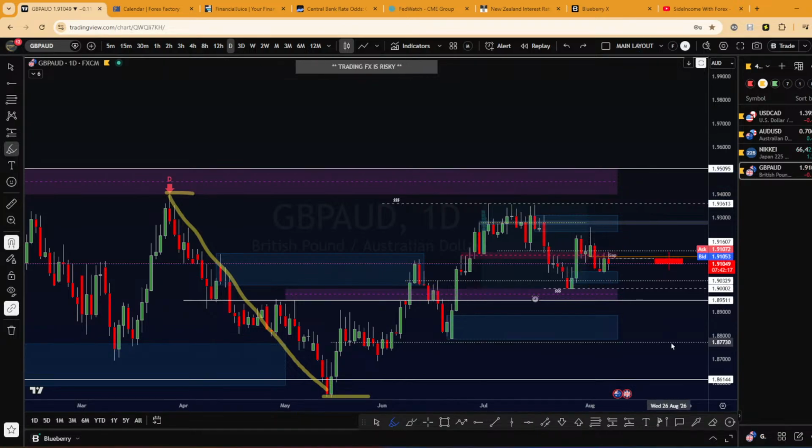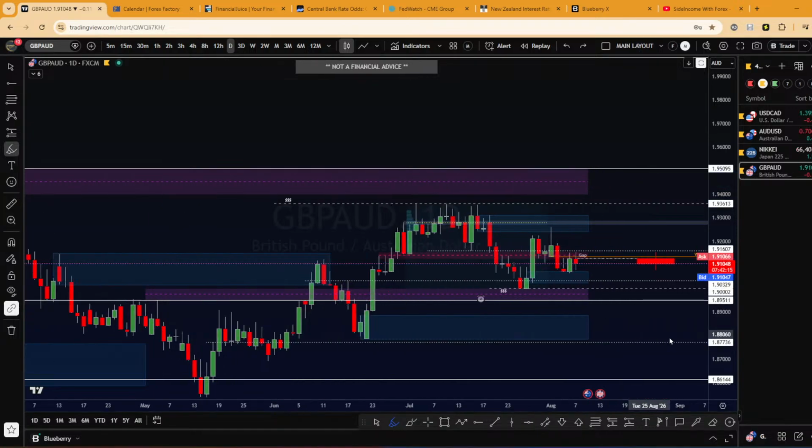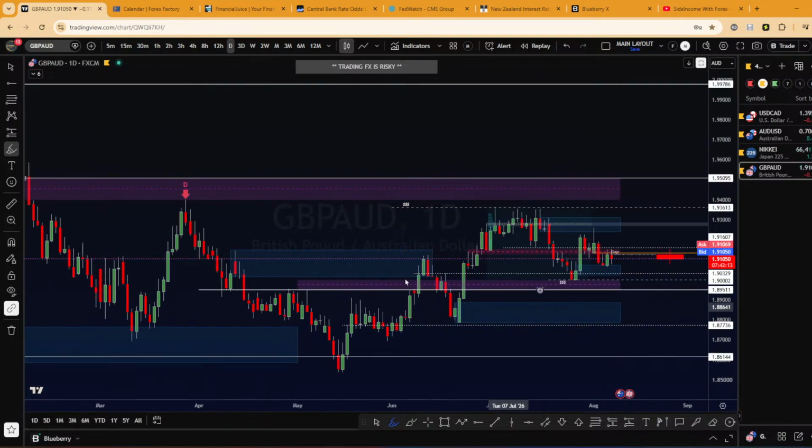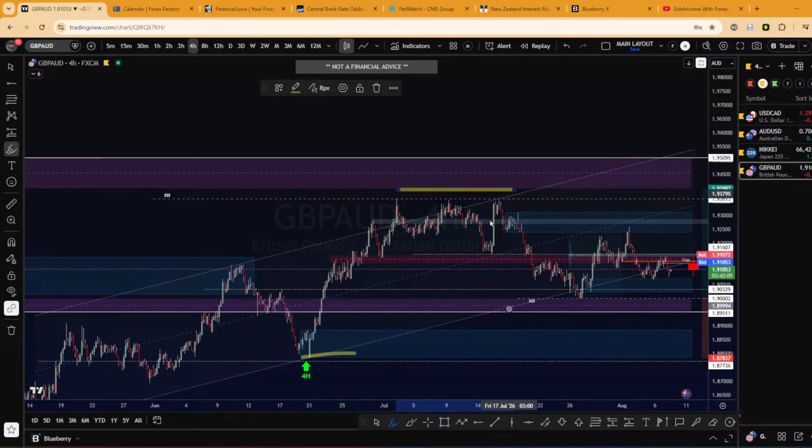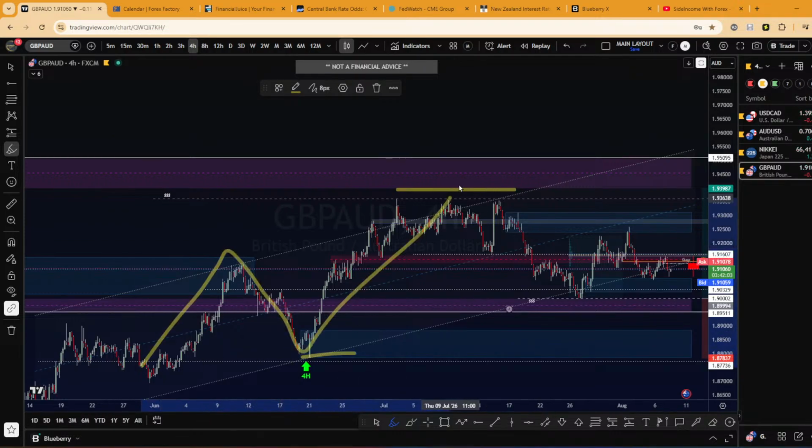The daily is bearish, you see, but the 4 hour internal structure is bullish. This is the trend.